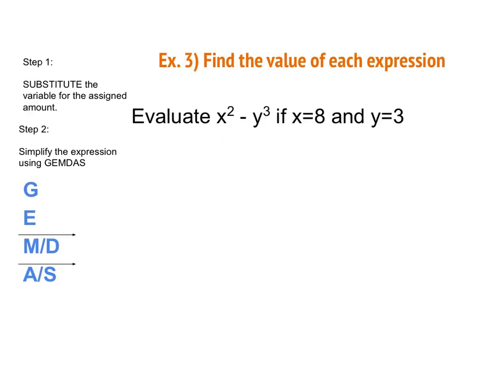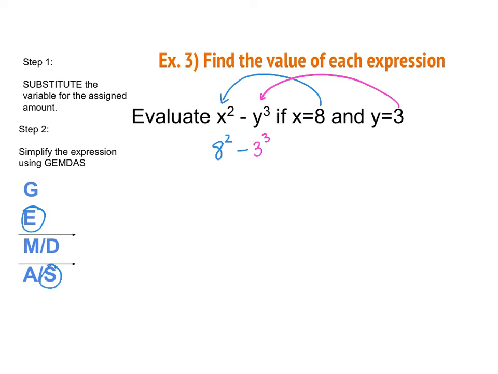Here's our third example. Now we have 2 variables. So what you're going to do is insert the 8 for the x, and for the y, you need to put it in for the y. So if I see an x, I'm going to put an 8 in for the x. So I have 8 squared minus, and then for y, I have 3 cubed. So I now substituted, so we're going to use GEMDAS. I see exponents and I see subtraction.